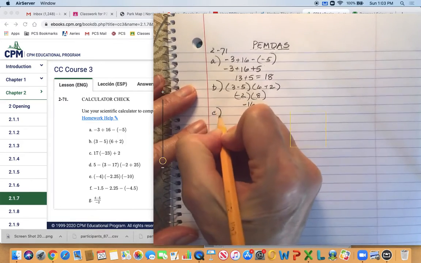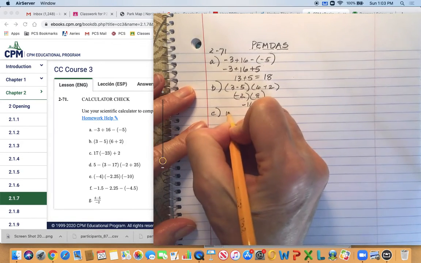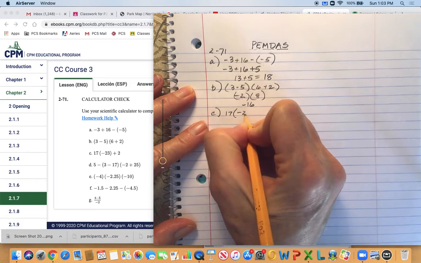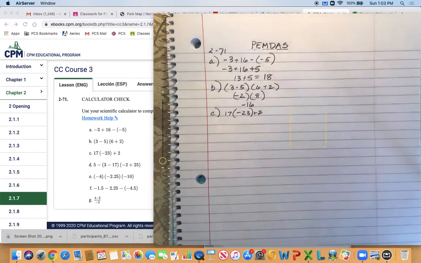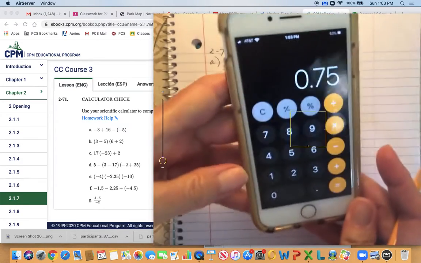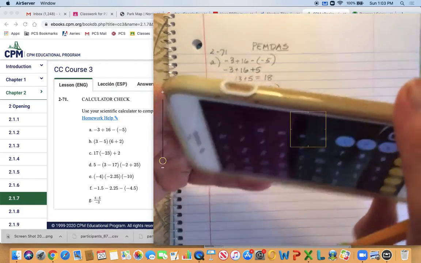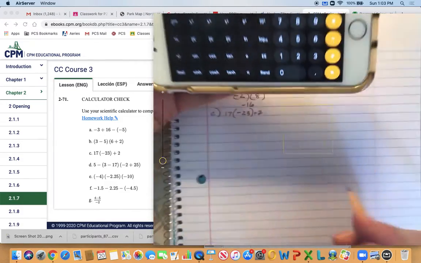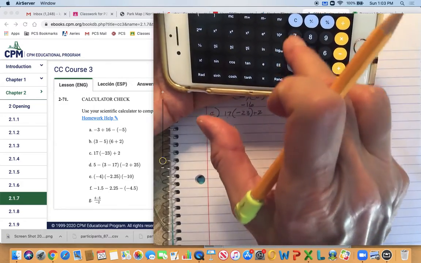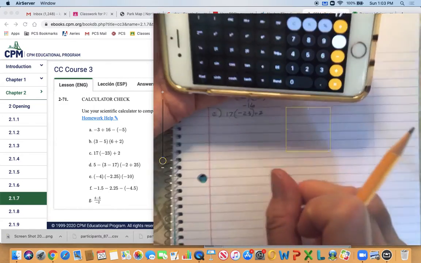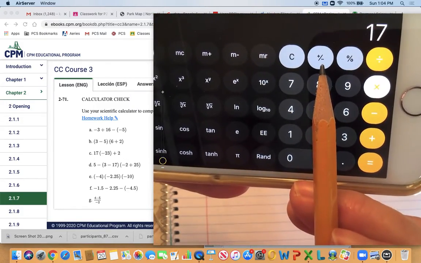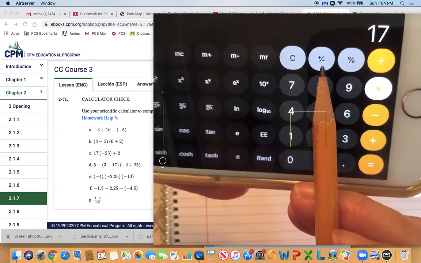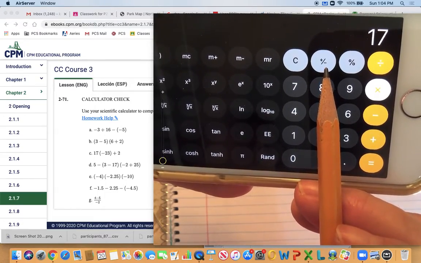Okay, C is 17 times -23 plus 2. All right, now we can use our calculator. The scientific calculator, you would get to it by taking your phone and turning it sideways. Okay, so 17 times, and then we're going to use this little button right here, because this button will change a number from a positive to a negative, or a negative to a positive.